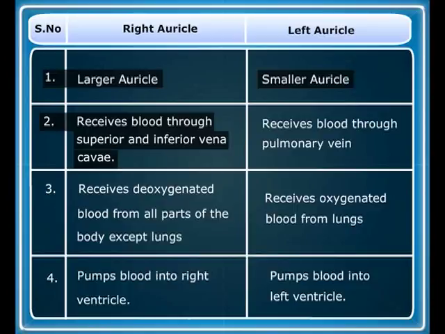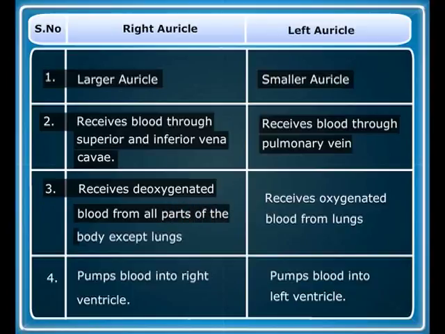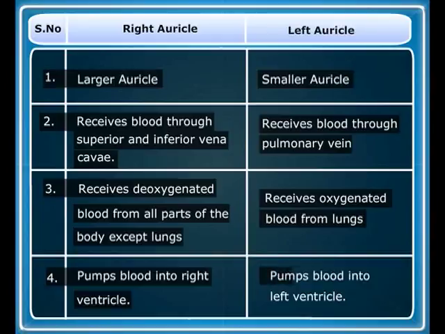The left auricle receives blood through the pulmonary vein. The right auricle receives deoxygenated blood from all parts of the body except lungs, whereas the left auricle receives oxygenated blood from the lungs. The right auricle pumps blood into the right ventricle. The left auricle pumps blood into the left ventricle.